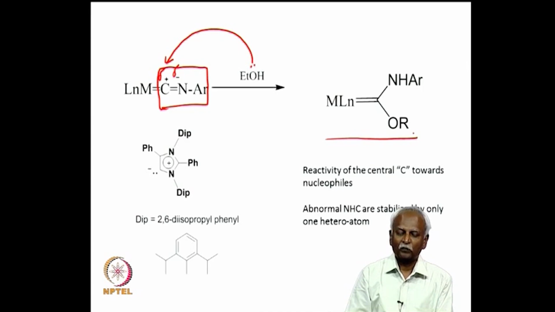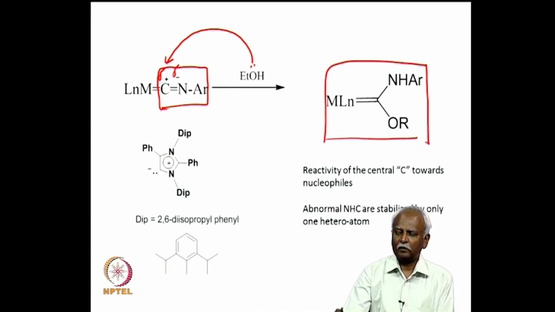So, this nucleophilic attack leads to the formation of a molecule which I told you is a disadvantage because you can't use the isocyanide itself. It very often reacts with the solvent or with the nucleophile and generates a different molecule altogether. But this molecule by itself is a stable species very often because you have a carbenic carbon which is stabilized by two lone pairs, just like you have these N-heterocyclic carbenes which are stabilized by two nitrogen atoms.